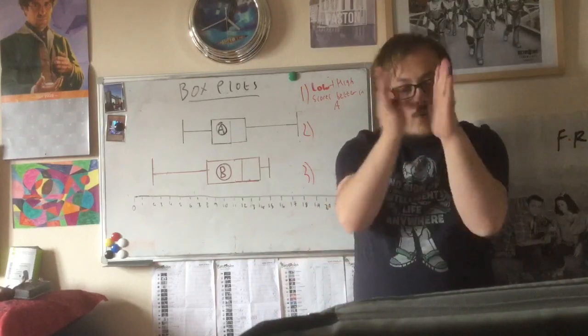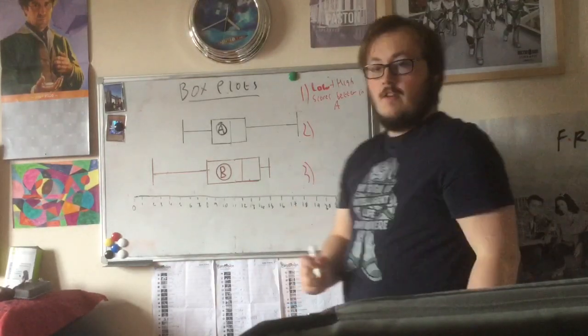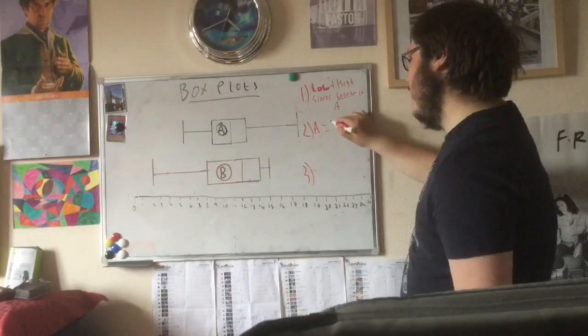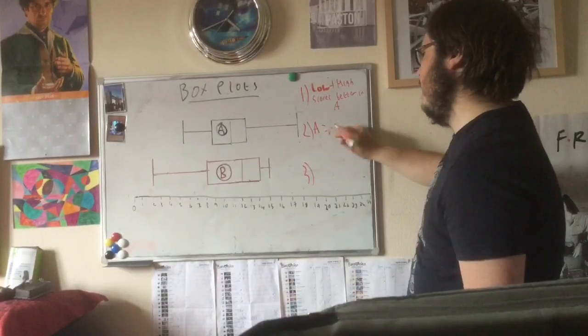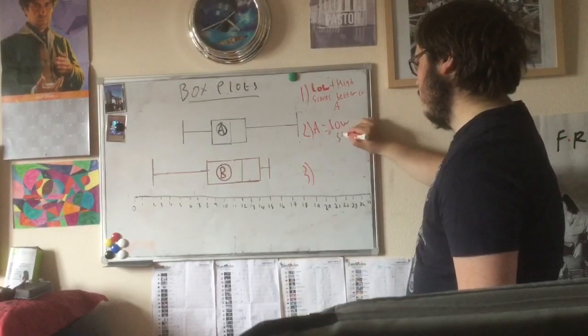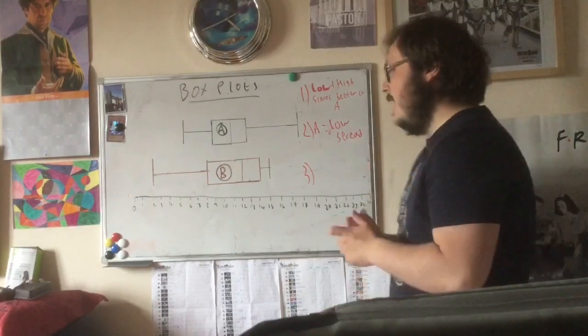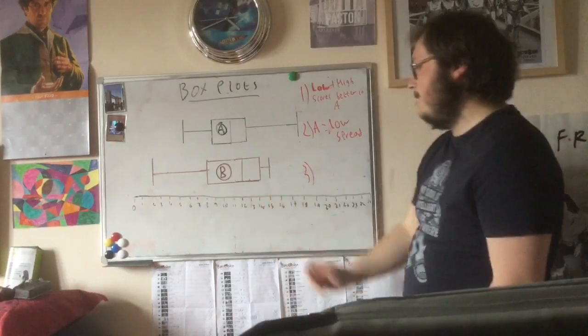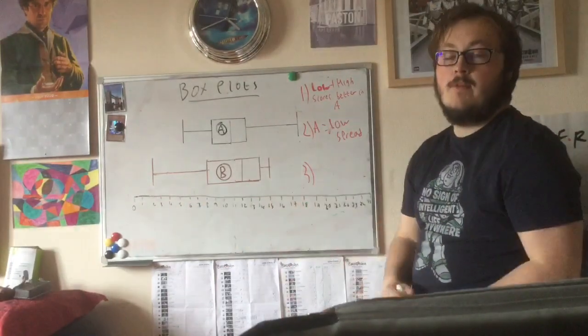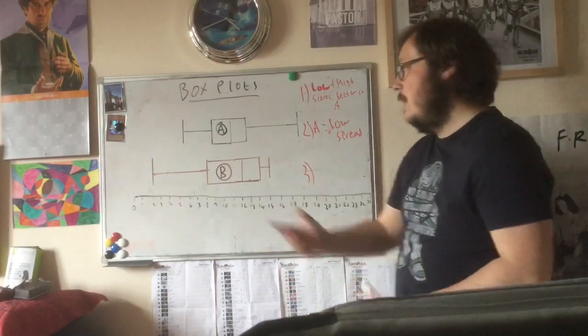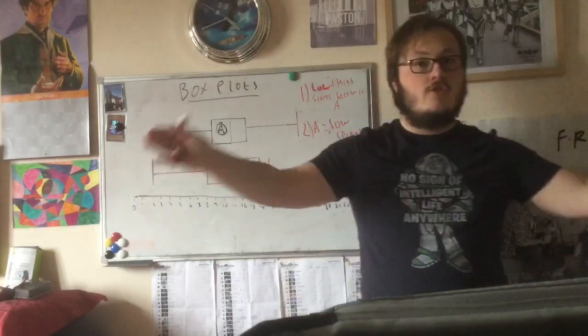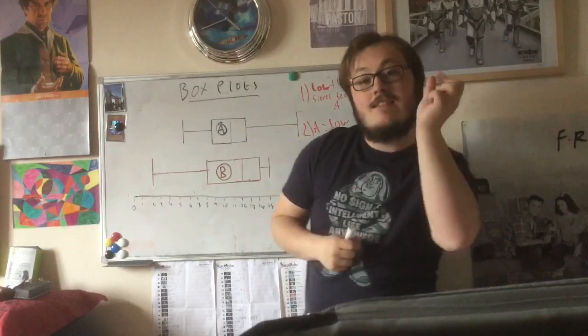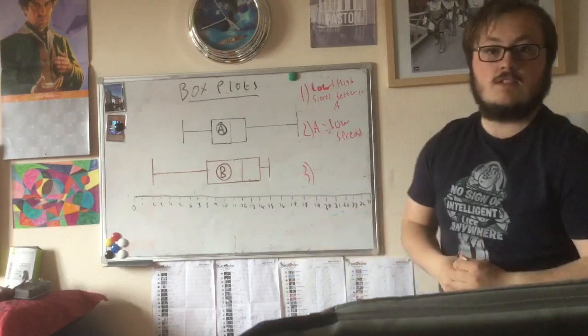So for A, there's a low spread. Whereas B, it is quite spread out. It goes from 2 to 15, which is the same range as A, fair enough. But the box plot is much bigger. So there's much less consistency in their results.